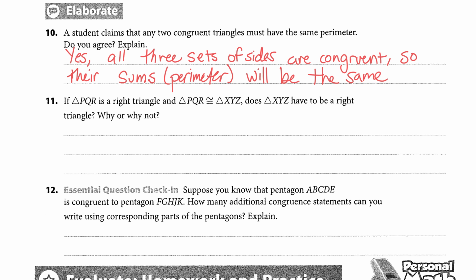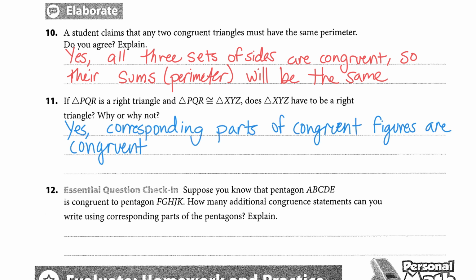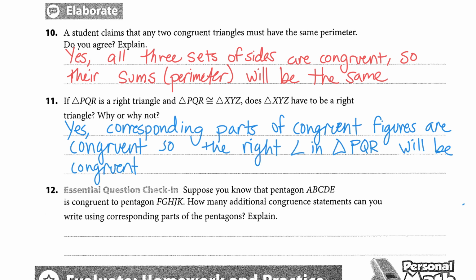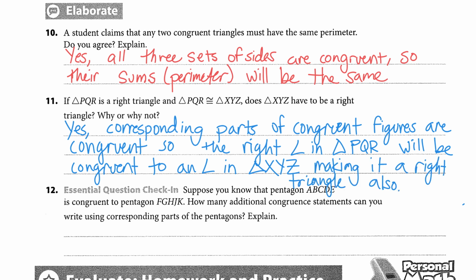If triangle PQR is a right triangle and PQR is congruent to XYZ, does triangle XYZ have to be a right triangle? Why or why not? Yes, since corresponding parts of congruent triangles are congruent, then the angle that is a right angle will be congruent to the other angle in triangle XYZ. So it does have to be a right triangle.